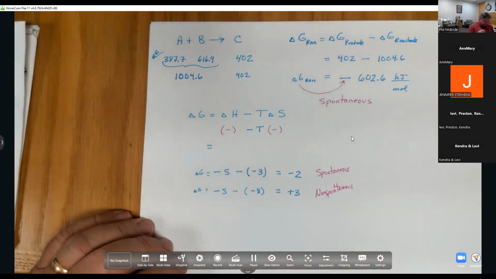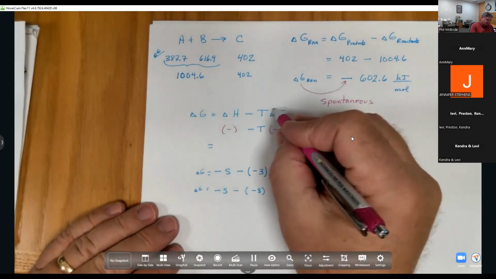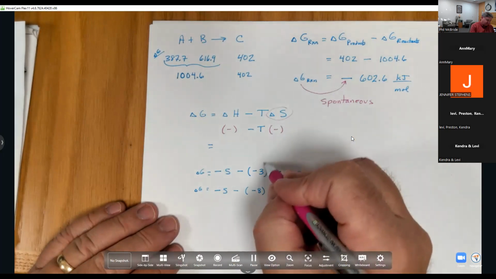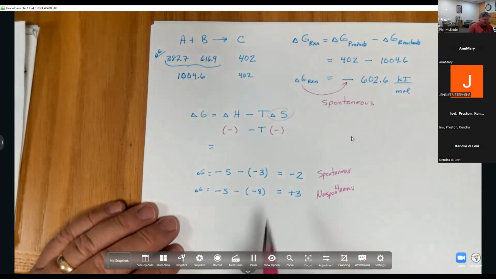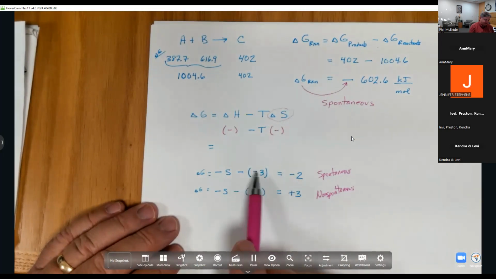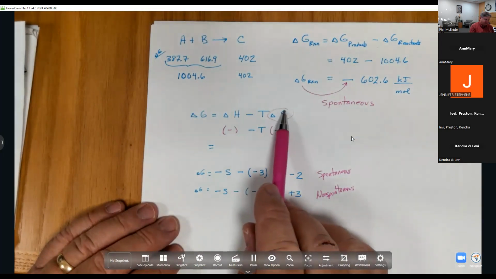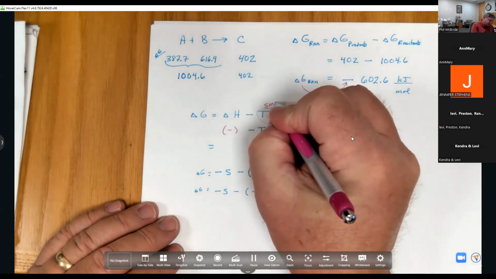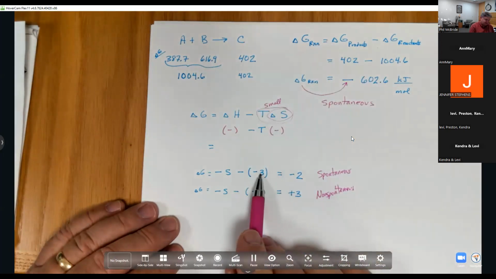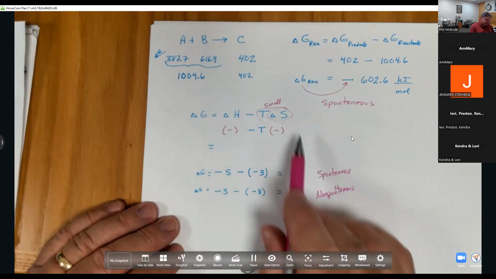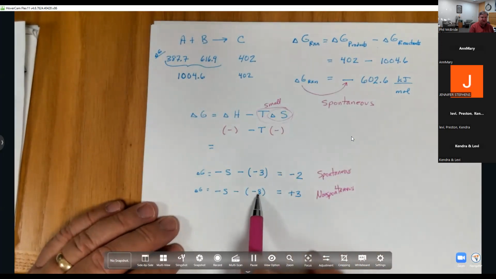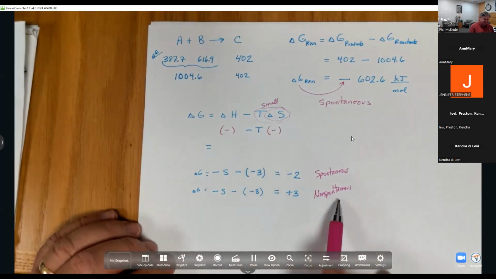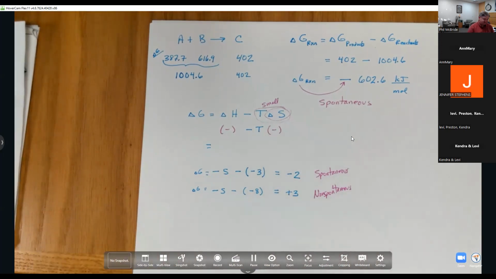So what is driving it to be spontaneous? For it to be spontaneous, I want this part of the equation to be small. When that part of the equation is large, like 8, then it becomes non-spontaneous.